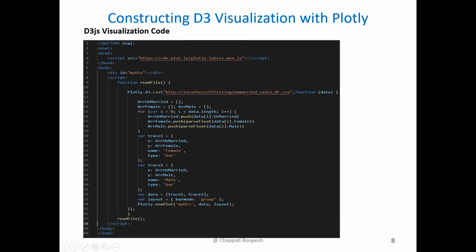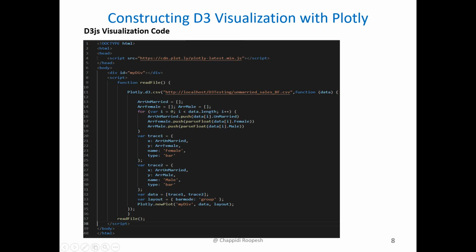As I mentioned earlier, first we need to get all the data into an array. We have 3 arrays here: one is unmarried, the other one is female, the other one is male.